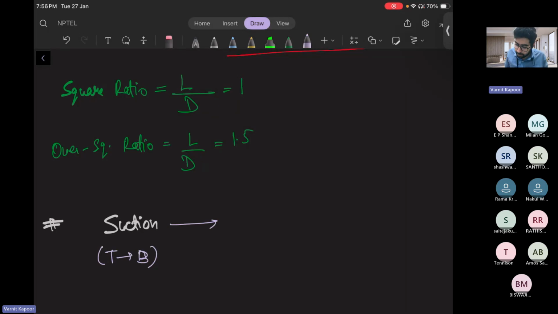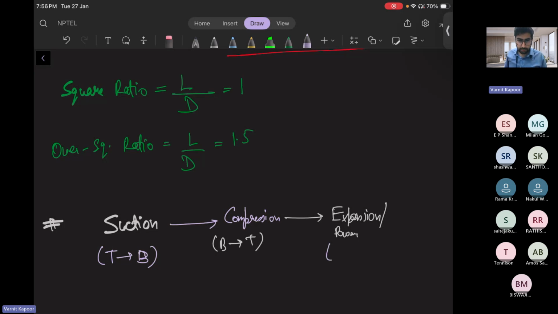Then we have the compression stroke, where it moves from bottom dead center to top dead center. Then we have the expansion stroke, or power stroke.